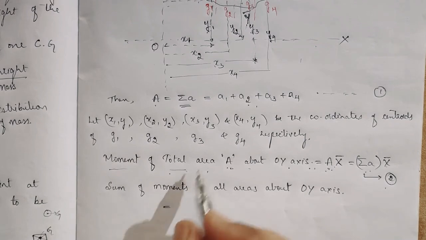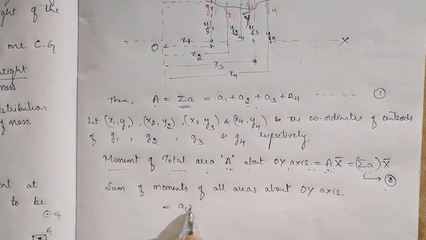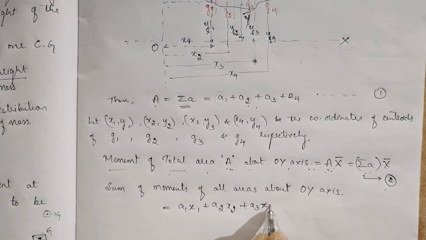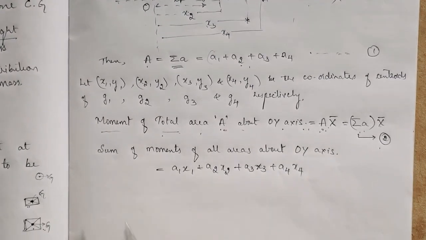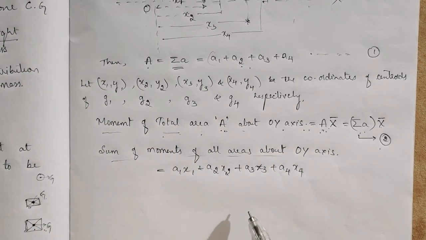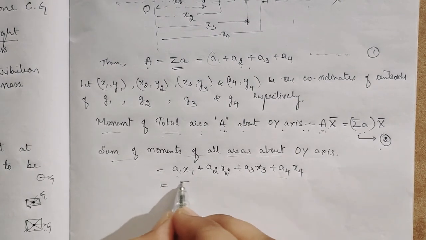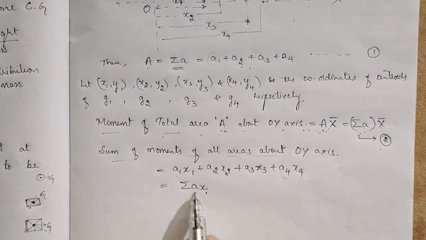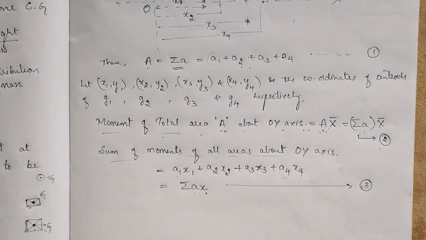Now for each area, A1, A2, A3, A4, it is nothing but A1 into x1 plus A2 into x2 plus A3 into x3 plus A4 into x4. So the sum of the moments of all the areas about the OY axis is this one. This I can write as summation of area into the distance in the x direction, into x. I'll take this as equation number 3.